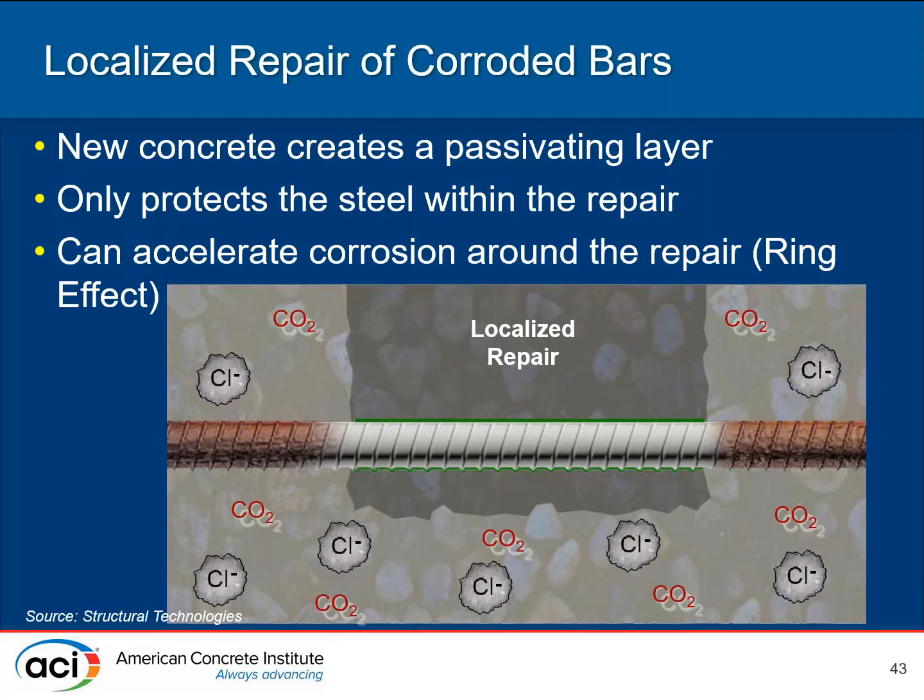This is called the ring anode effect. It's fairly frequent: you do a set of repairs, everything's beautiful, you fix all the areas that are bad, you come back 3 to 5 years later, all your repairs are doing fine, but you have a whole set of new patches immediately adjacent to them that you have to address.